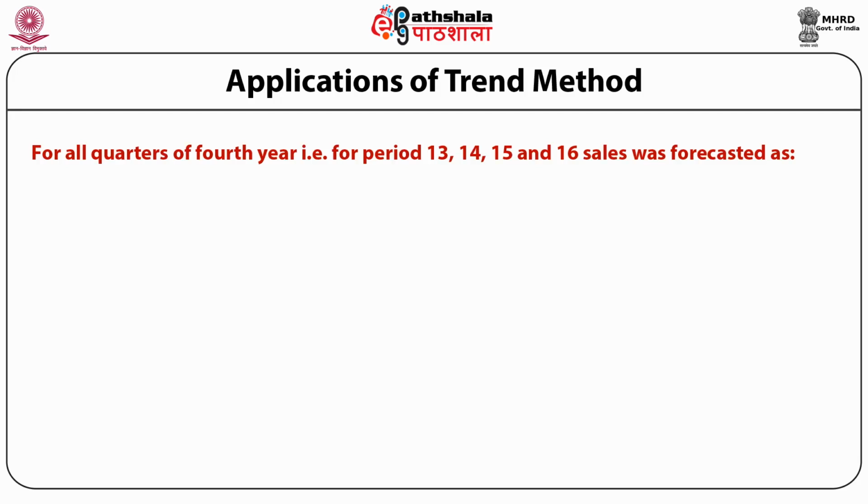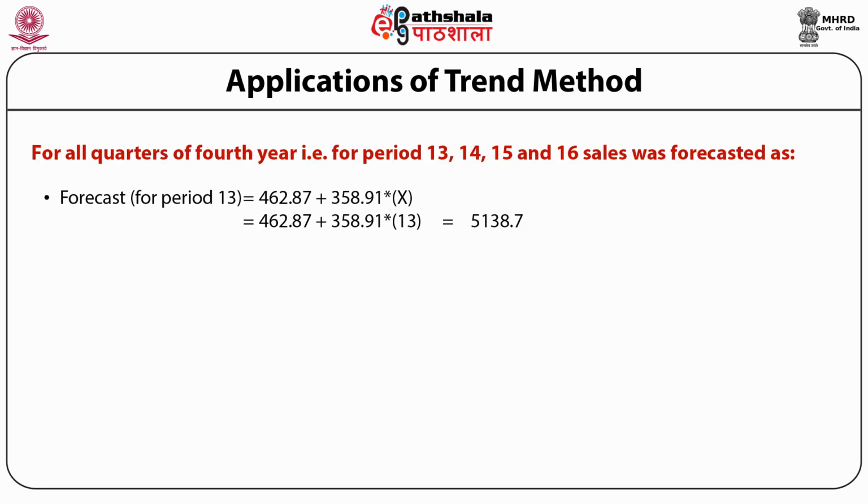forecasted by using the above estimated equation. Forecast for period 13 would be 462.87 plus 358.91 into 13, which would be 5138.7.